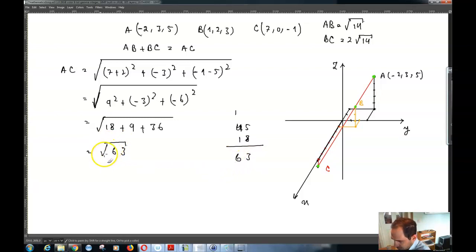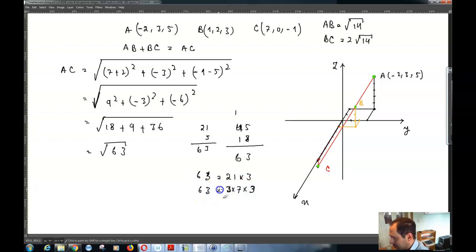Divide by 3, you will get 21. So 63 is equal to 21 times 3, and 21 is 3 times 7, so that's 3 times 7 times 3.